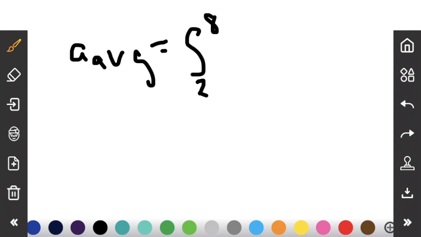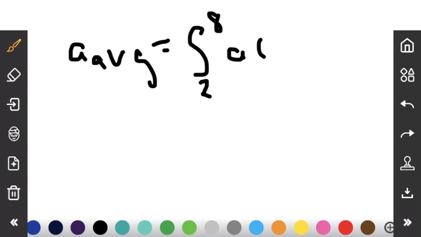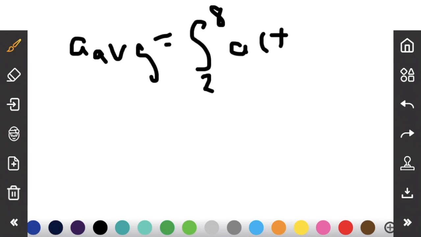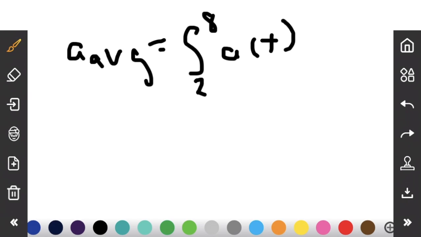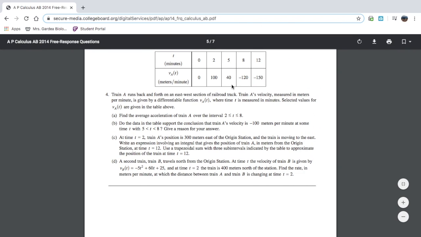And then it's the acceleration, the average acceleration, so it would be a of t here, with respect to time. And so if you know that the integral of acceleration is velocity, you can just look at the table and how it relates to velocity from 2 to 8.